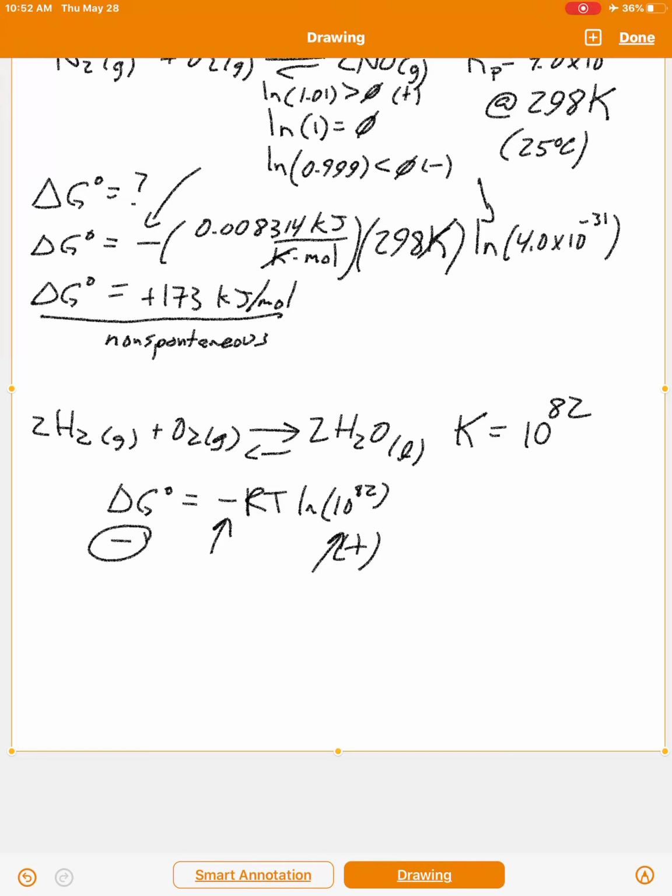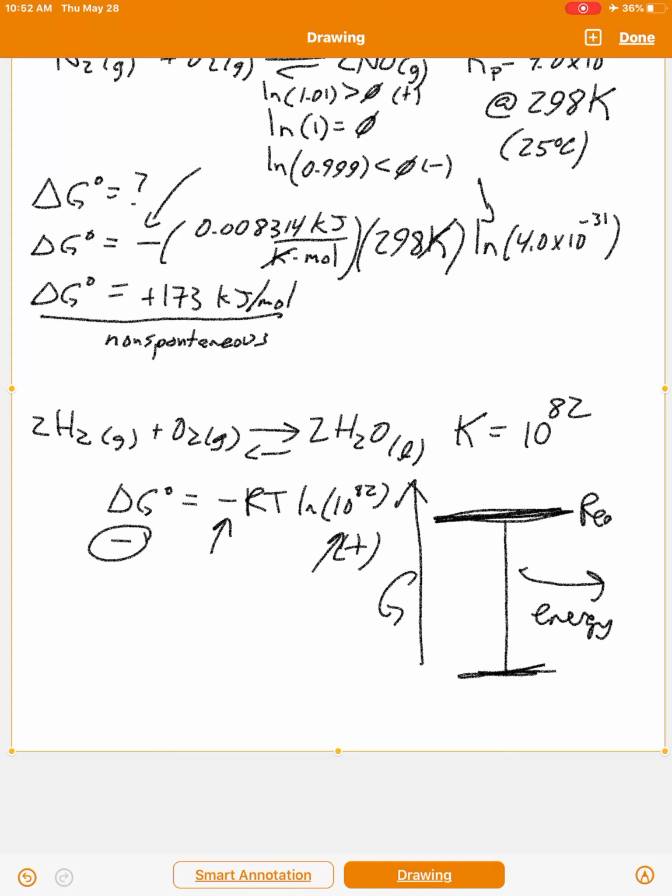Okay? So a reaction is spontaneous essentially because there's free energy waiting to be released. When something has energy, and that energy can be released in some way, the energy is going out to the surroundings. We're going to use G for energy.